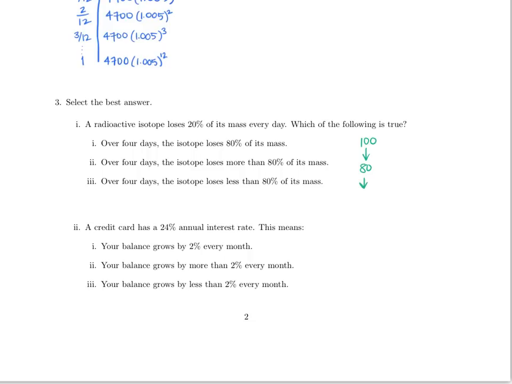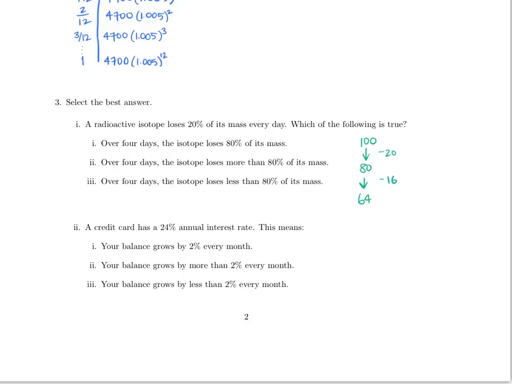Decreasing by another 20% is going to give you 64. Note that the raw amount change, yeah, sure, you lost 20 at first, but then you lost 16. And that amount is going to get smaller and smaller, even though it maintains the rate of decrease at a constant 20%. Because you're taking 20% of a smaller and smaller number every day, this is not going to equal 80% of 100.